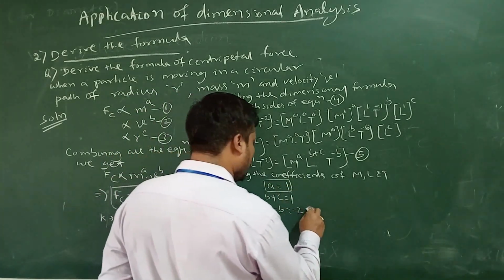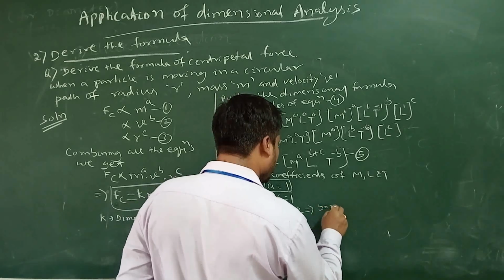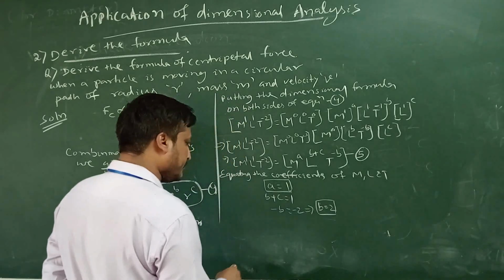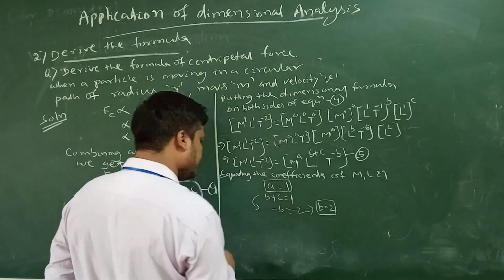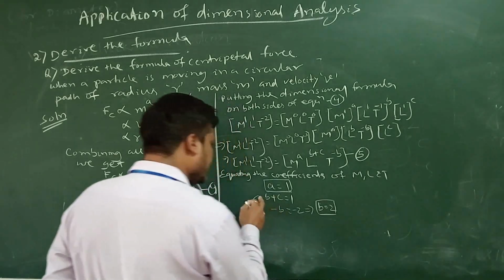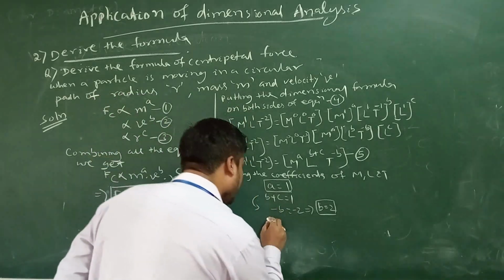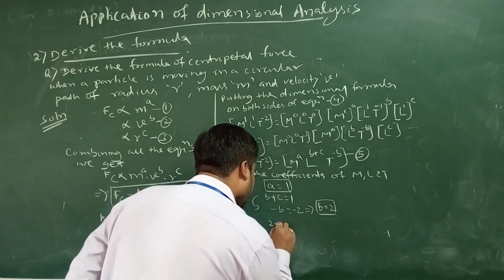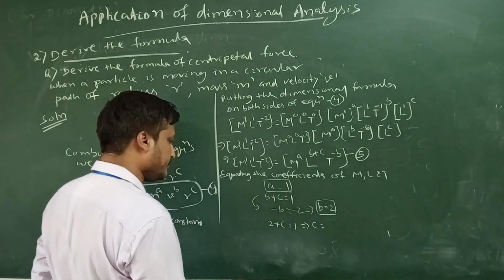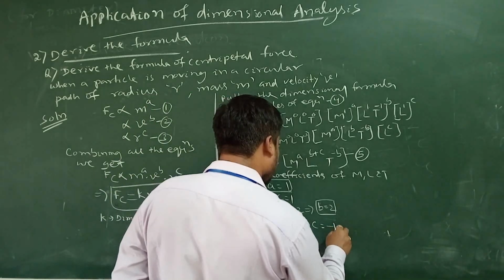Here minus b equal to minus 2, so b equal to 2. And what is the value of c? The value of c is found by this equation: 2 plus c equal to 1, so c equal to minus 1.